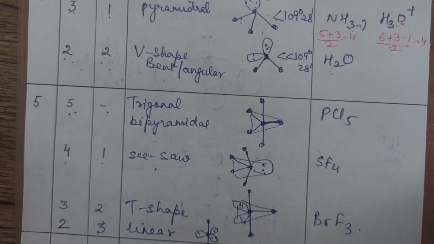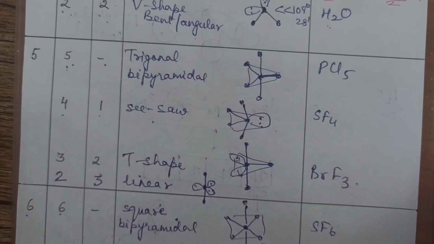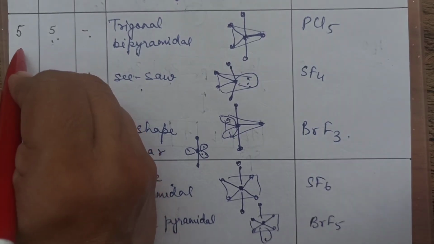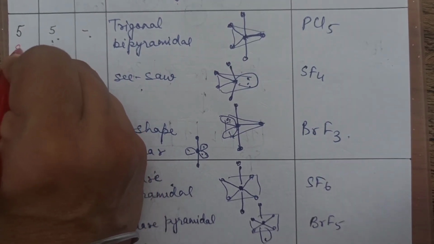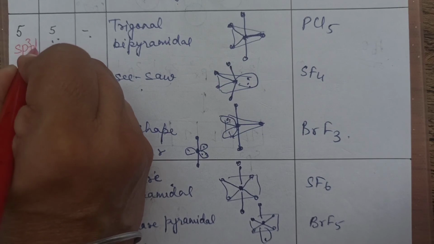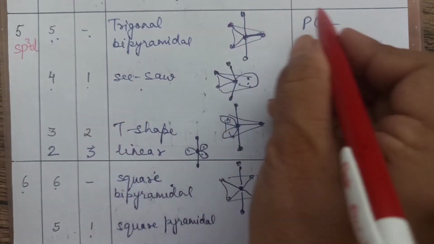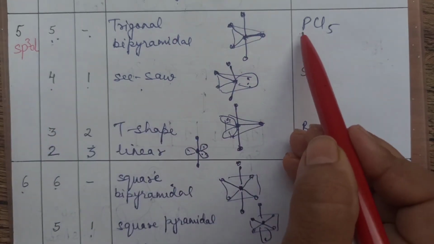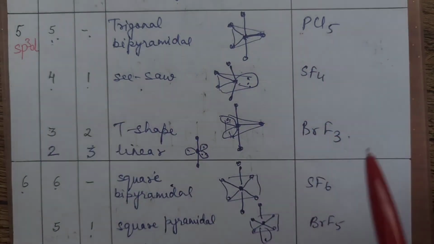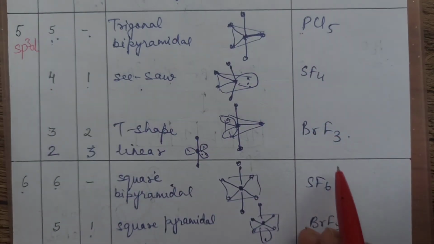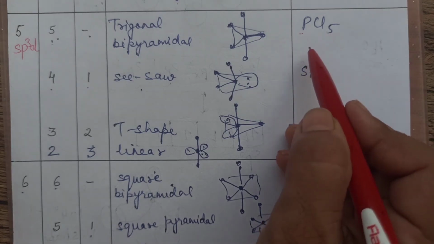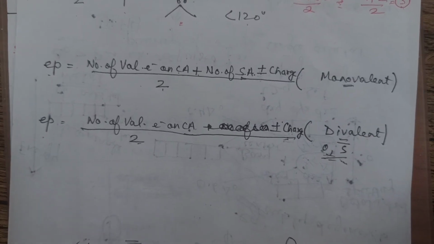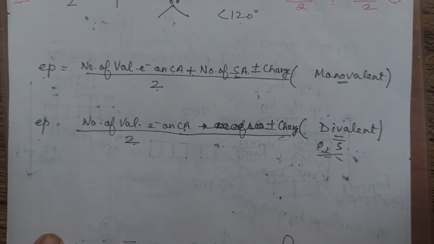Hybridization, quickly I will tell you what has to be done. If the electron pair value is 5, hybridization will be sp3d. And you can now try these out on your own and check valence electrons plus surrounding divided by 2. If surrounding element is divalent, you will not add the number of surrounding as per the formula which I have discussed with you just now. Clear?